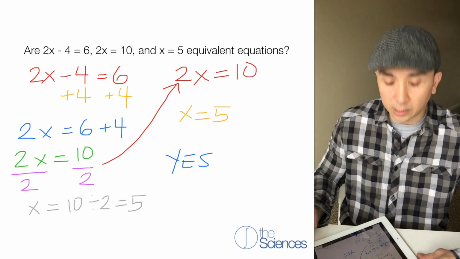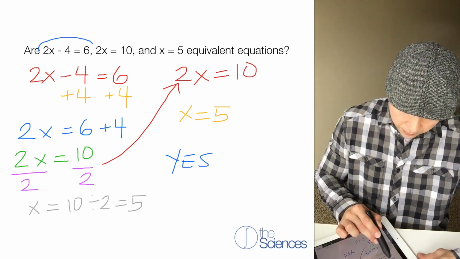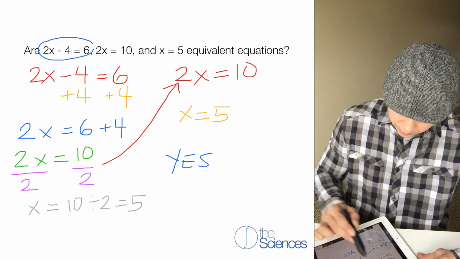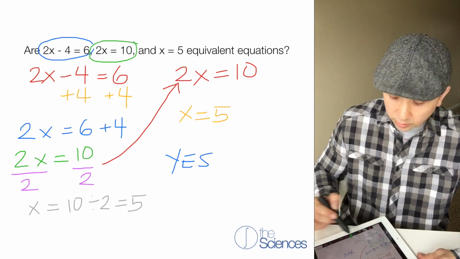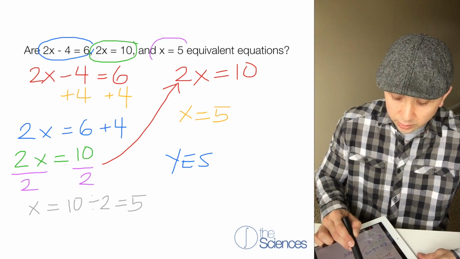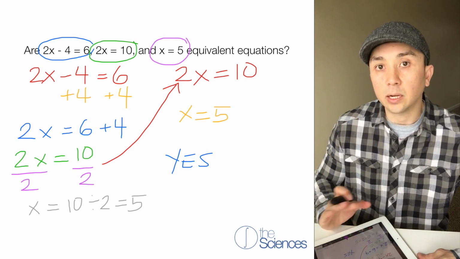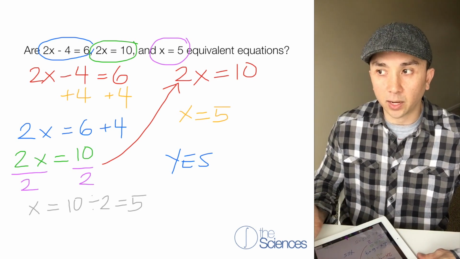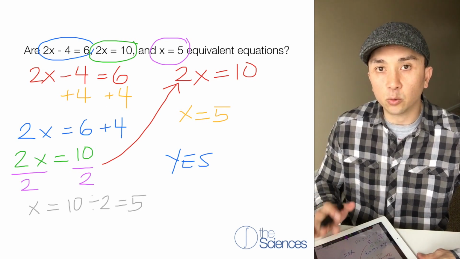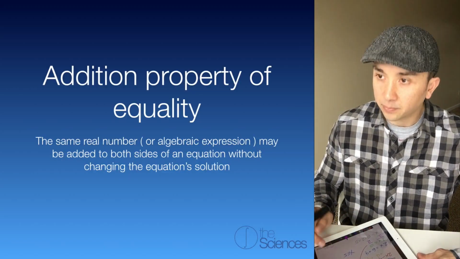These are equivalent equations because here x equals 5, and in this equation x equals 5, and in this equation x equals 5. So in all equations x equals 5. So therefore they are equivalent equations.